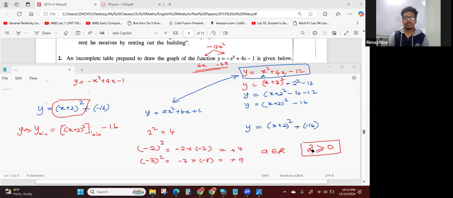Because if you put 0 only, it will be 0, right? So there are two cases. If a is not equal to 0, a squared is greater than 0. If a equals 0, a squared is equal to 0. So we can combine and write for everything, a squared is always greater than or equal to 0.